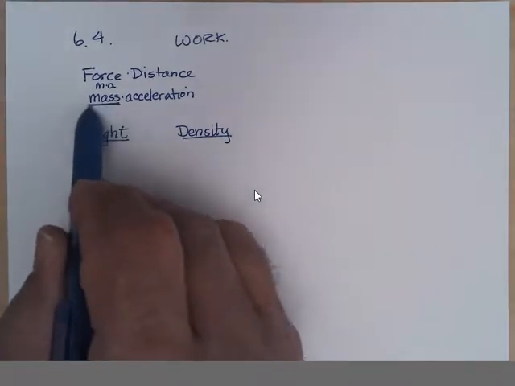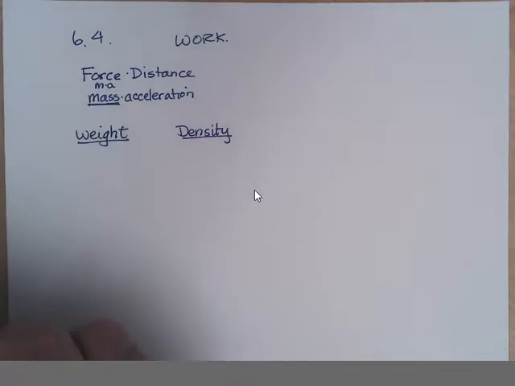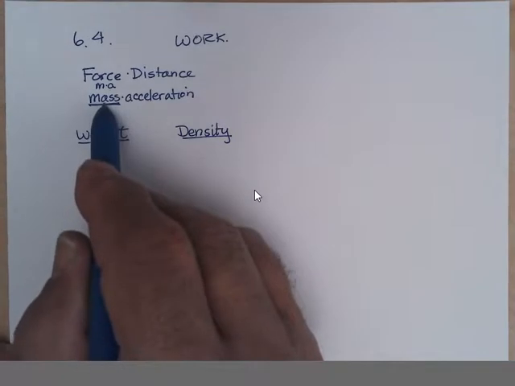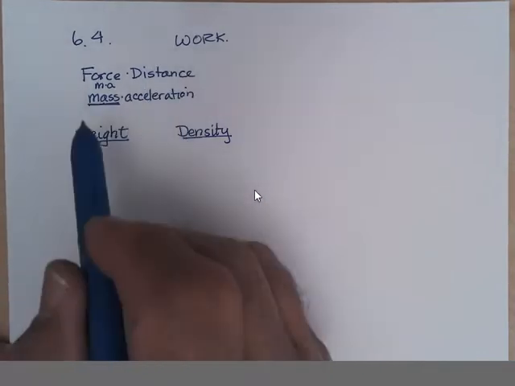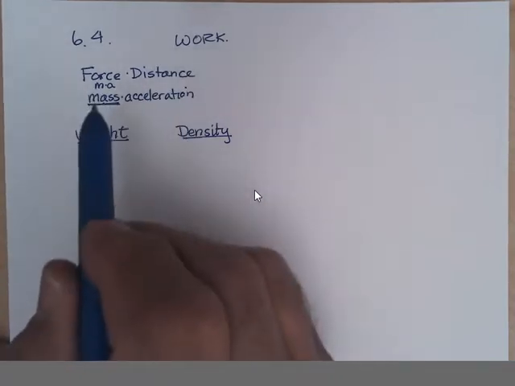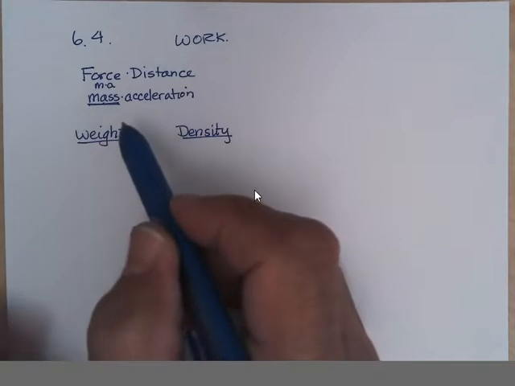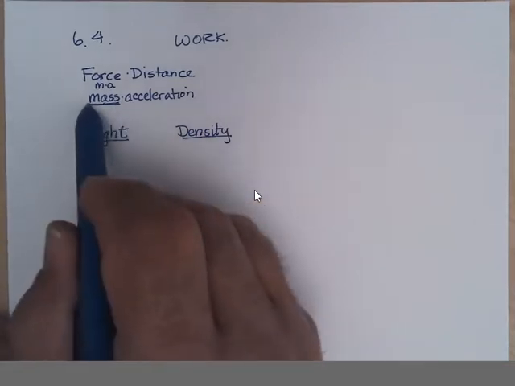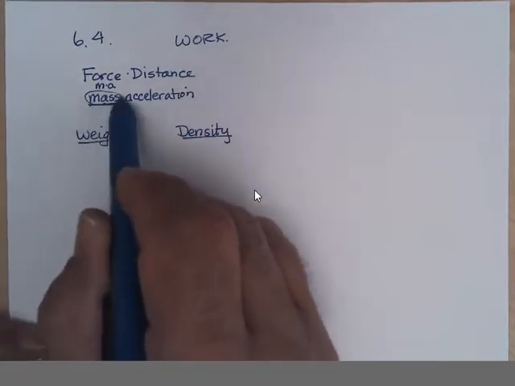Every person's body is made up of mostly water, but a lot of different molecules, atoms, protons, neutrons, electrons, all that kind of stuff. That's matter. And the amount of matter is called the mass.